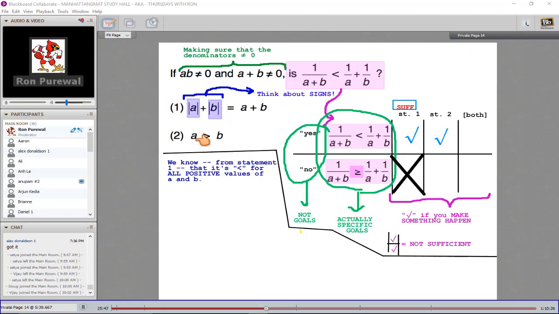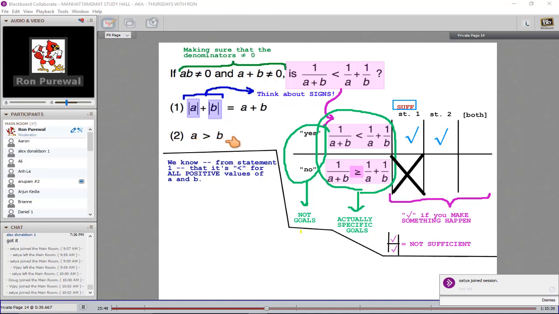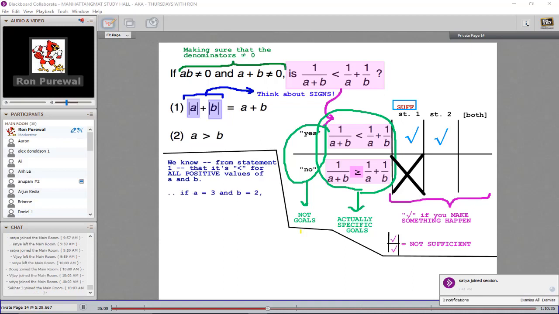But if I plug in a positive A that's bigger than a positive B, it's going to work out like that. So, for example, if A is 3 and B is 2, then the left-hand side is less than the right-hand side, because that's just what always happens whenever they're positive.